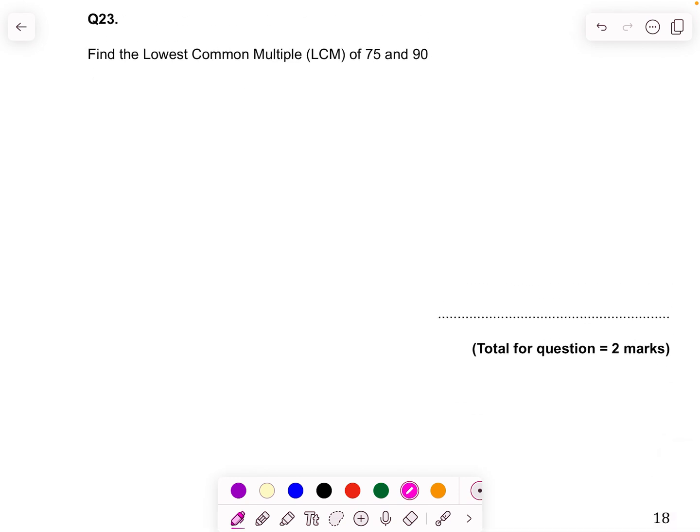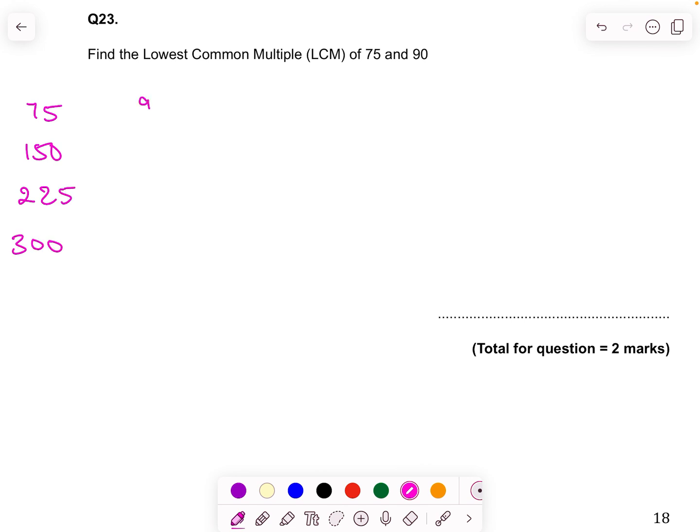LCM of 75 and 90. It's up to you how you did it. You could do the 75 times table: 75, 150, 225, 300, and so on.